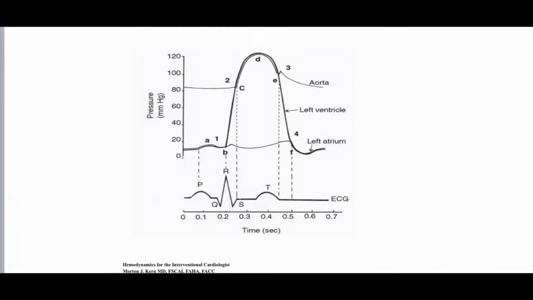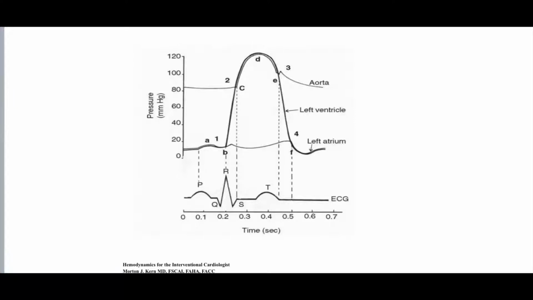Notice the difference in diastolic pressure between the LV and the aorta. The diastolic pressure of the aorta is much higher than the diastolic pressure of the LV. That's why it hangs up. The difference in diastole is a big deal, but there should be no difference in systole. And the left atrial pressure has the A, X, V, and Y tracing, as I'm going to show you shortly.